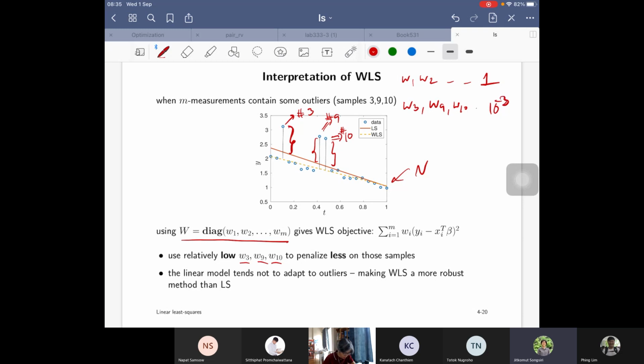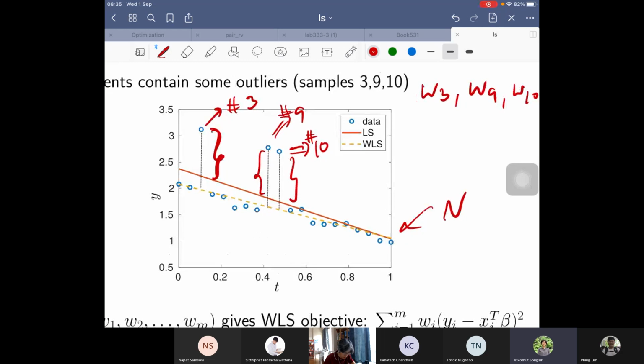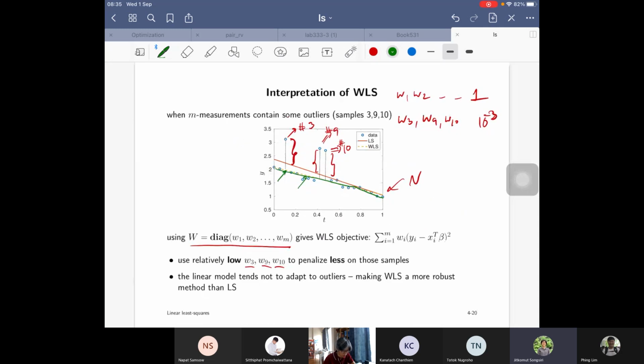So when I do so, when I fit, I will get this dashed line given by the WLS. You see that the straight line will try to lie between the normal samples, so it doesn't tend to adapt to the outliers. So this is one application of the weighted least squares. This formulation can be a more robust method, robust to outliers, than the linear least squares.